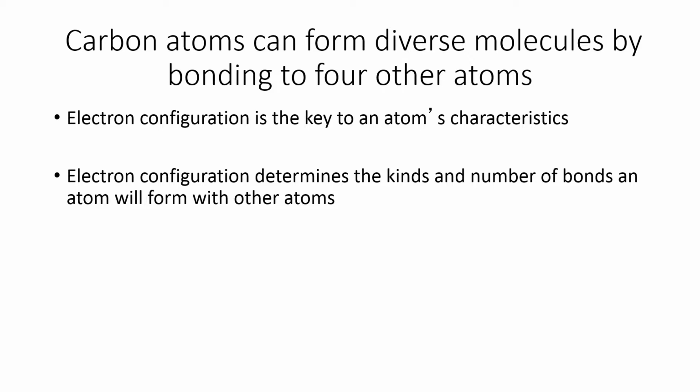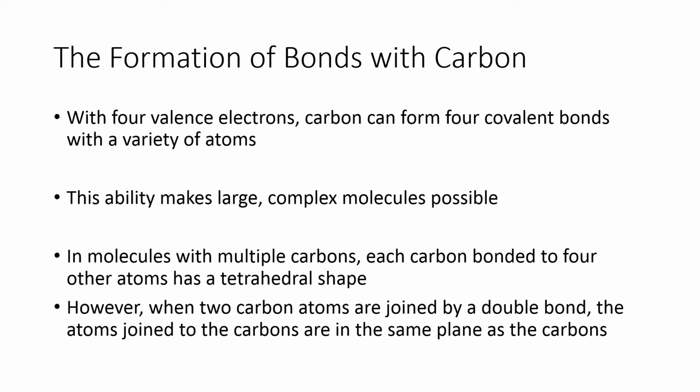The electron configuration of an atom is going to affect how that atom behaves, how two atoms interact with one another. So basically what we're talking about is chemical bonding: the types of chemical bonds that form and the number of chemical bonds that form. It's all about the number of valence electrons.